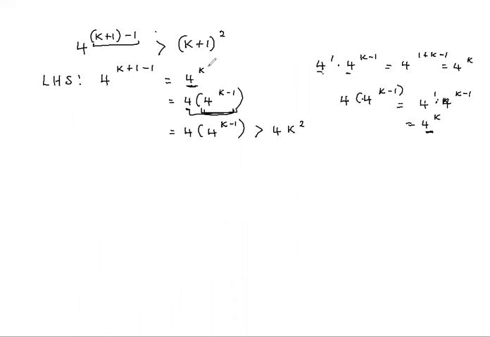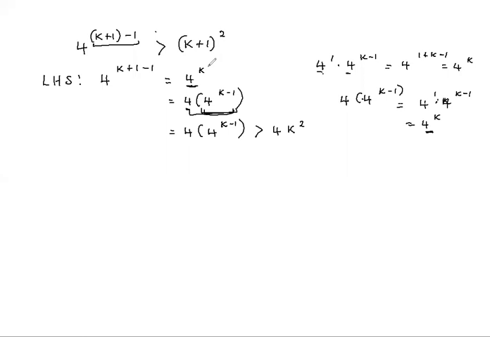So I still don't get that part for k plus 1 squared. How are we equating it to 4^k, or how is it equal to 4^k?